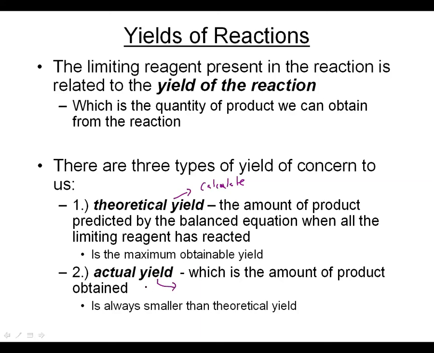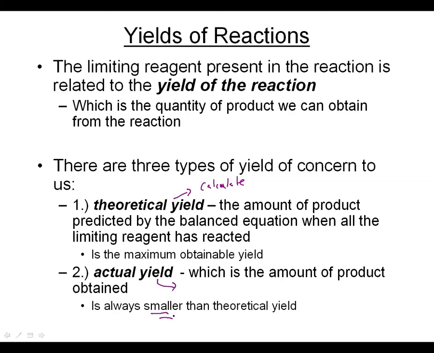Reactions don't work out 100% all the time. So you do get this actual yield, which is usually smaller than your theoretical yield. Sometimes your actual yield can be larger than your theoretical yield, but those are usually not good situations. Those are situations where you messed up, basically. So you had too much actual yield.